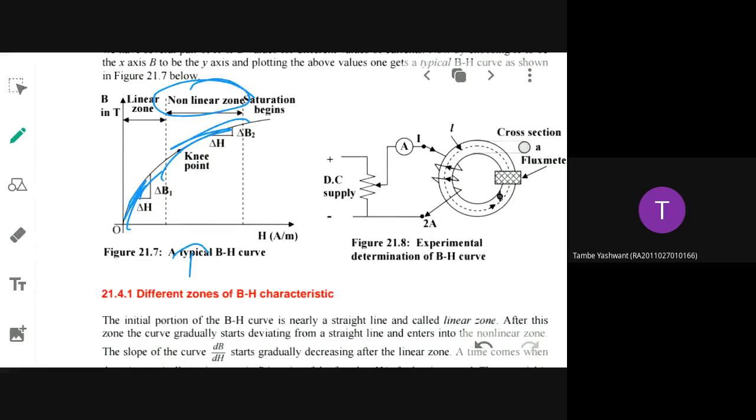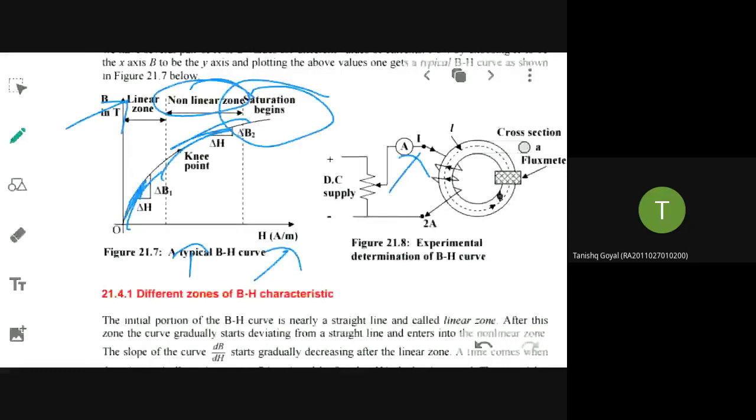Still, if you vary the H value, B will not have the same incremental variation; it will stop increasing. That will be called what zone? Saturation zone. So these are the three zones that you will usually observe in the BH curve.